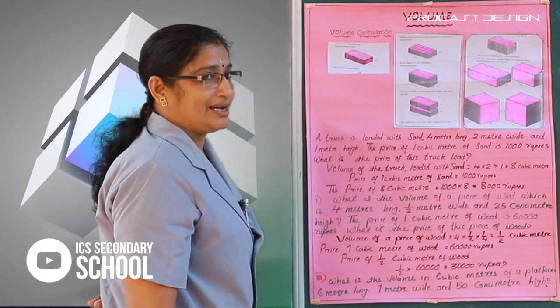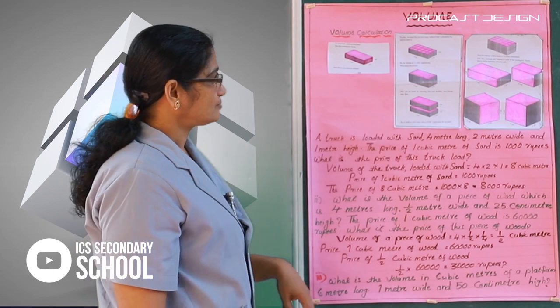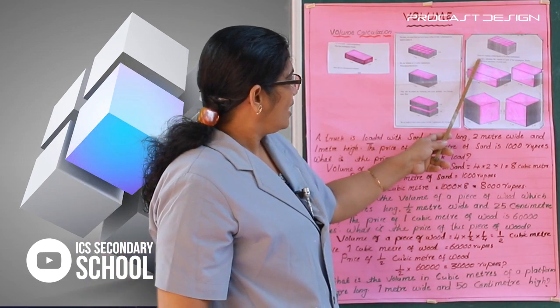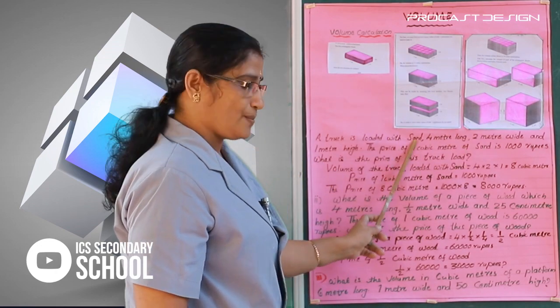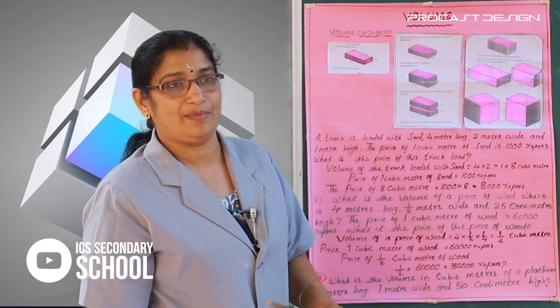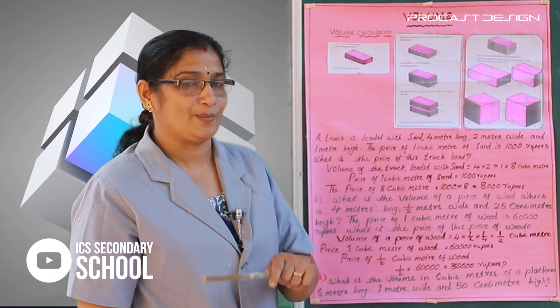Total is 30 cubic centimeter. The volume of the 2 blocks is 30 cubic centimeter.